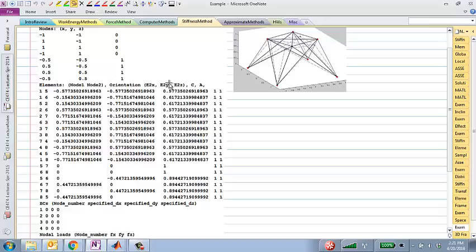And these, if you see, are more or less random. The way you can create those values is by going from node i to node j. That gives you a vector in the direction of the element. Pick any other random vector. And if I take a cross product of that random vector with this vector along the direction of the element, what do I get?